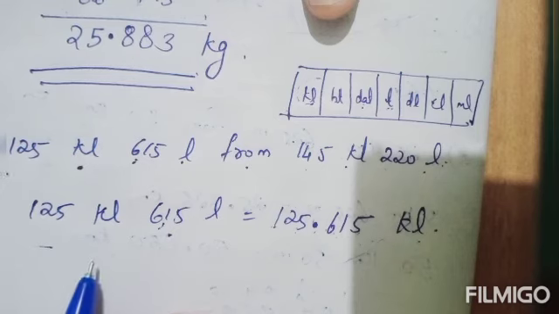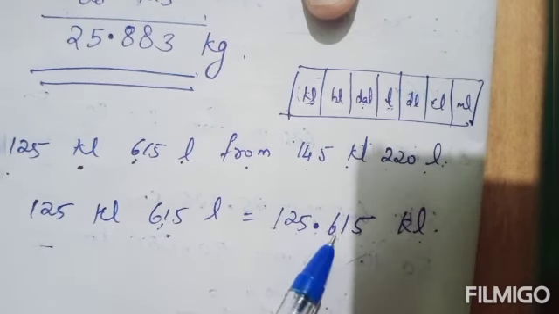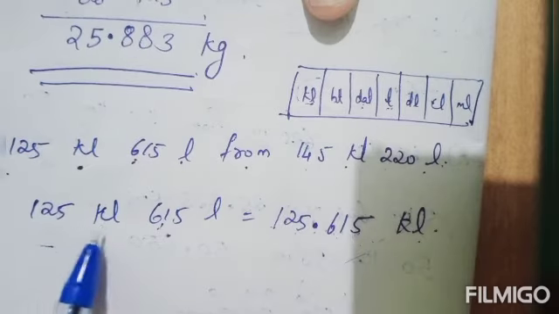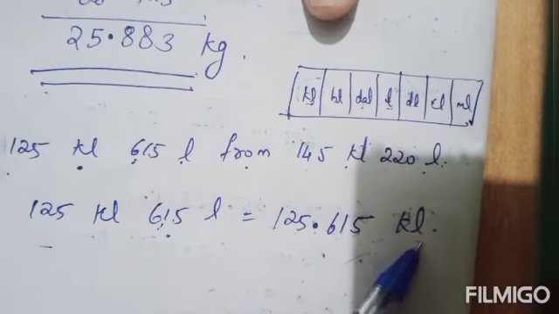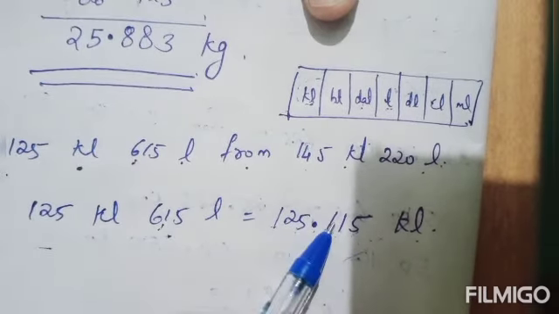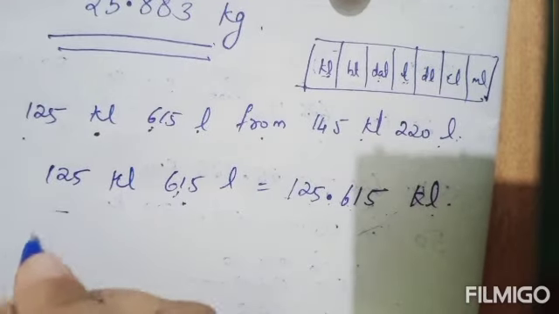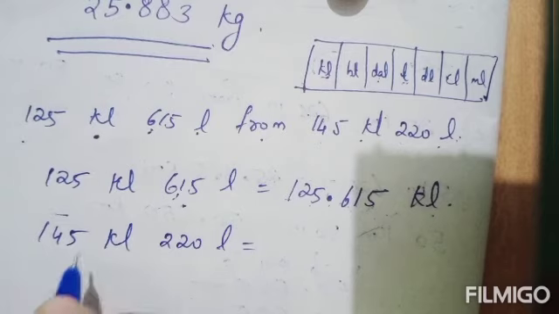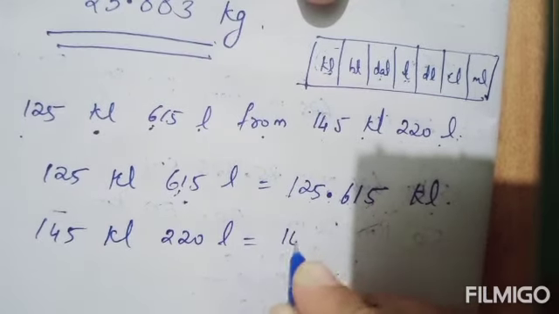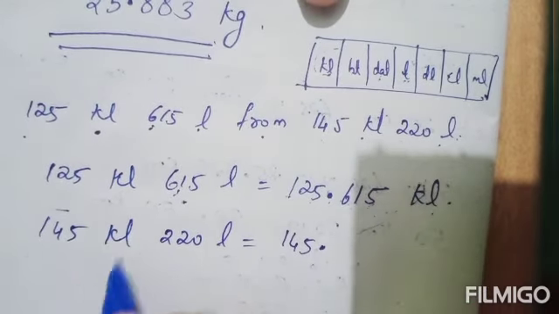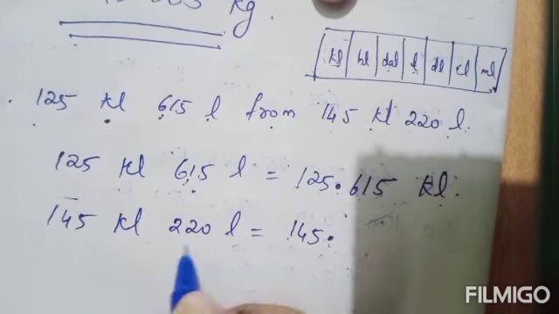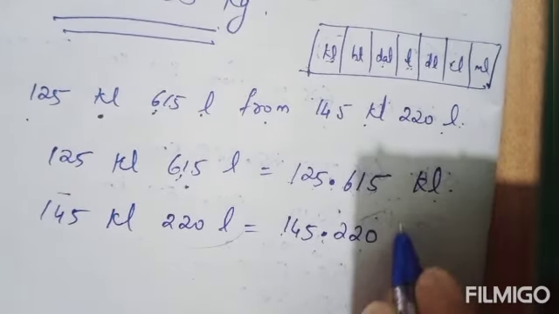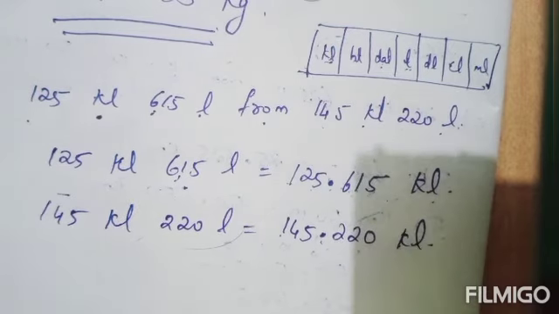Okay. Next, 145 kiloliter 220 liter. In decimal notation what will come? 145 point. This kiloliter you can write before the decimal point, this liter after the decimal point. So 220. Unit will be kiloliter.